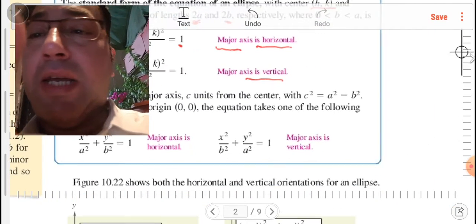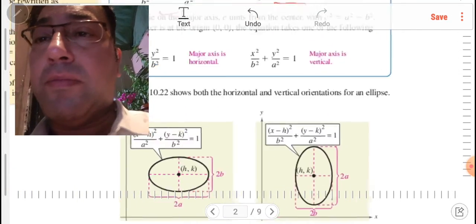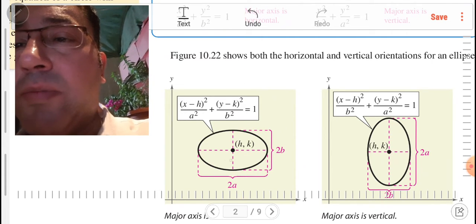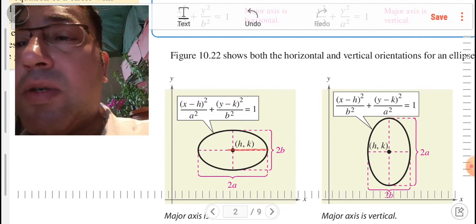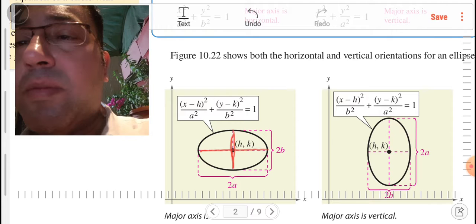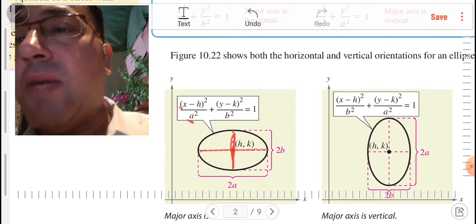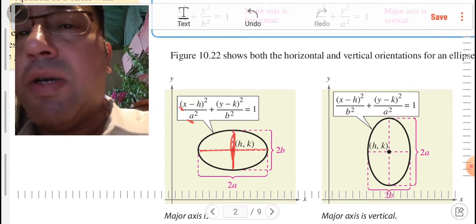Ellipse. Let's see here. If the ellipse is horizontal, this distance is called 2a, and this distance, the minor axis, is called 2b. A will be with x if the ellipse is horizontal.